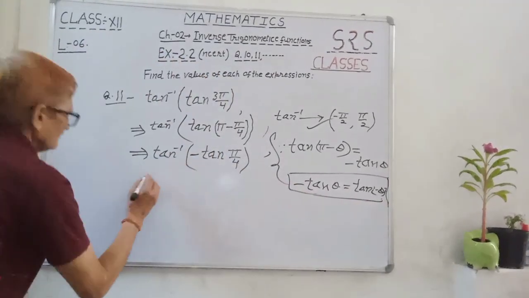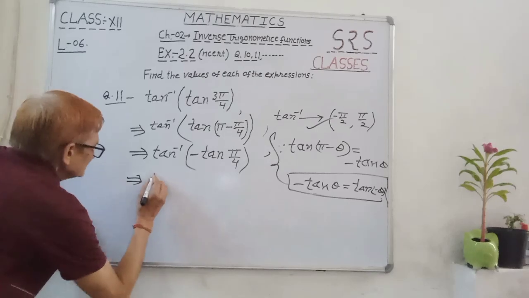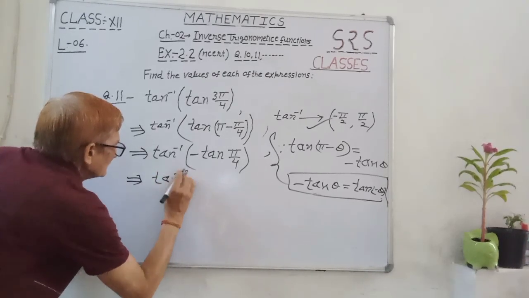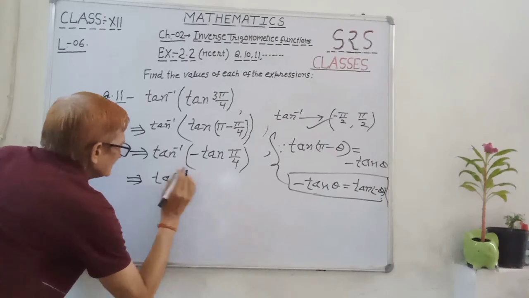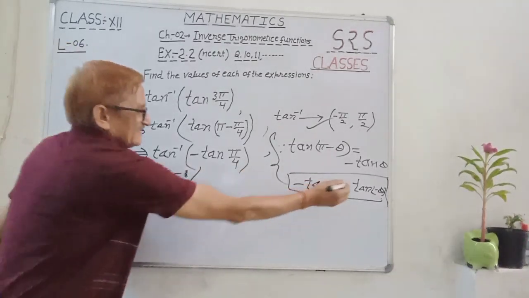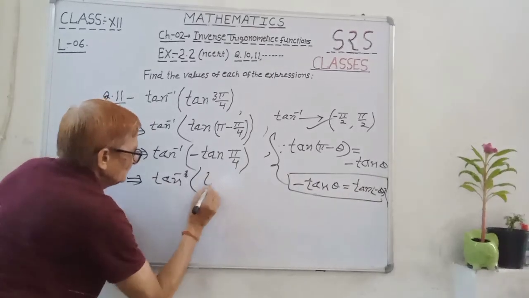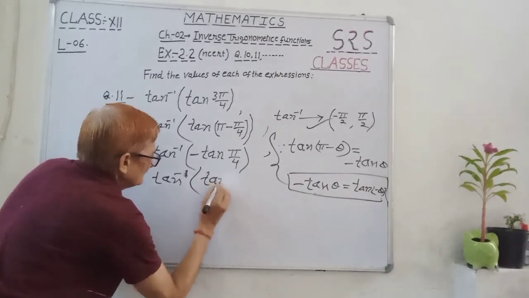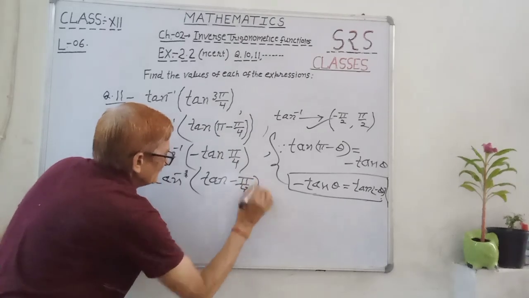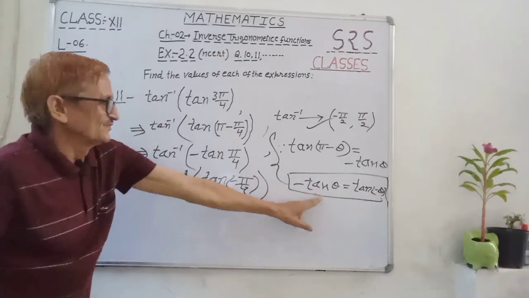Then here we can say tan inverse of minus tan pi by 4 can be written as tan of minus pi by 4. Use this formula here.